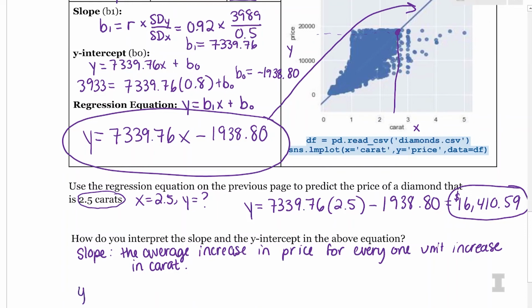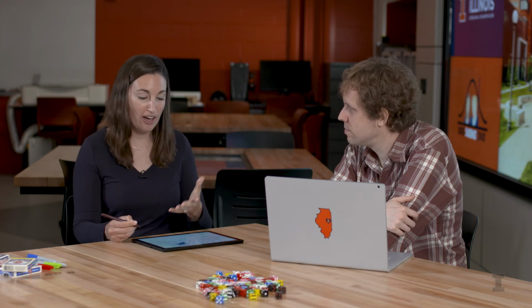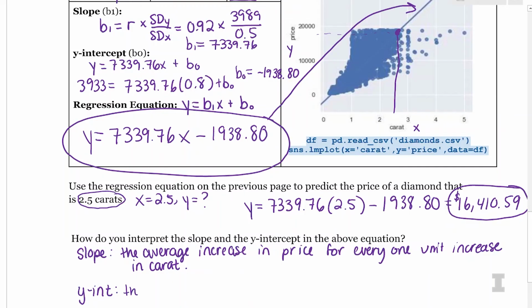And then the y-intercept here is kind of weird. It's a negative number. It's negative 1,938.8. And the y-intercept is generally interpreted as the value of y when x is 0. So the average value of price for a 0 carat diamond, which doesn't make sense.